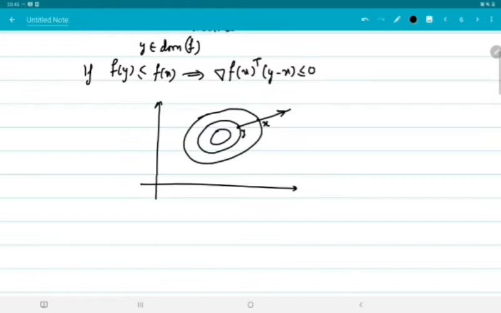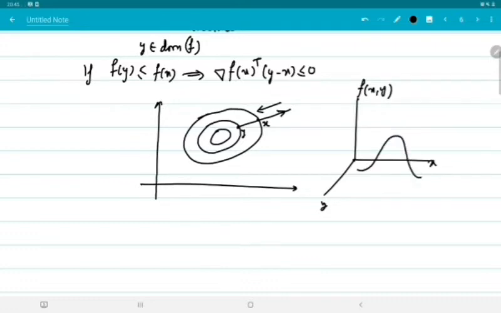So the gradient at f of x is inverse, because of the structure. If I draw it with respect to x, y and f of x, this is my structure, and you can see that at every point the gradient is towards the inverse of x.